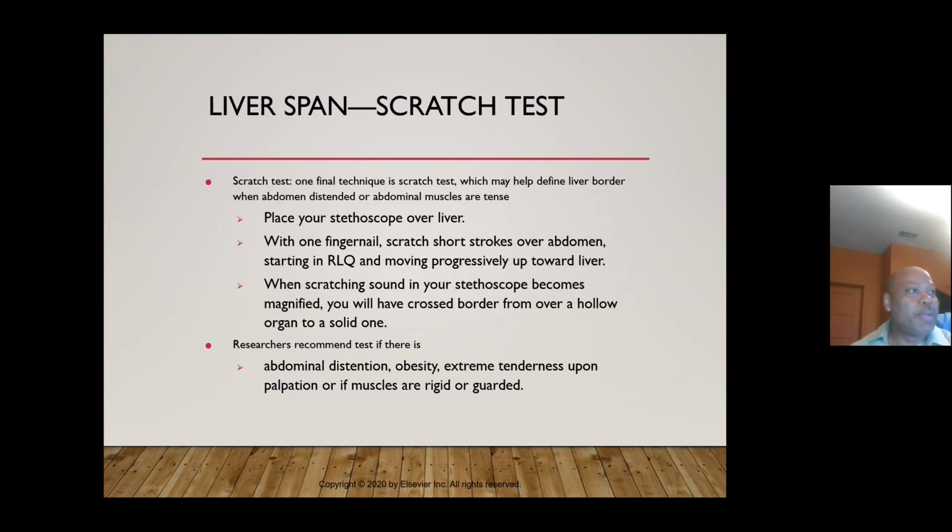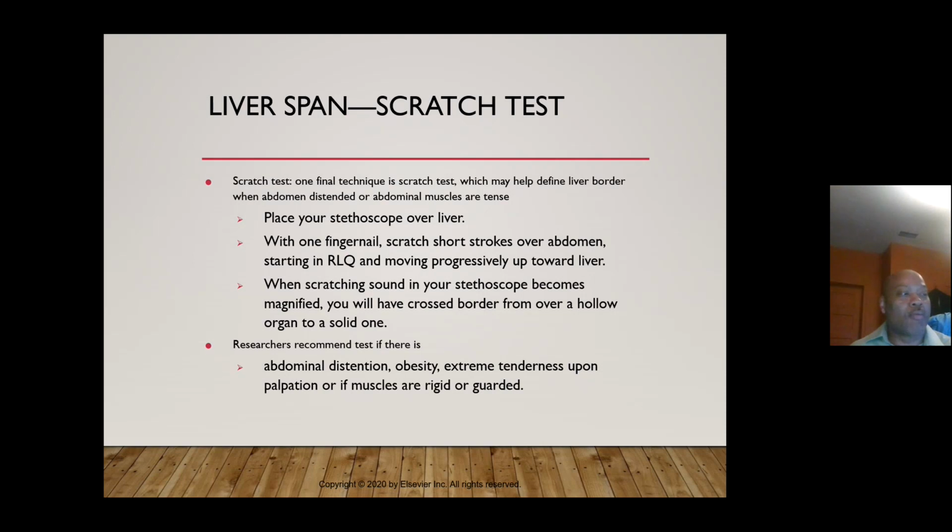So the scratch test may help us to define the border of the liver when the abdomen is distended or the abdominal muscles are tense. What we do is we place the stethoscope over the liver itself, and with one fingernail we scratch with short strokes over the abdomen.